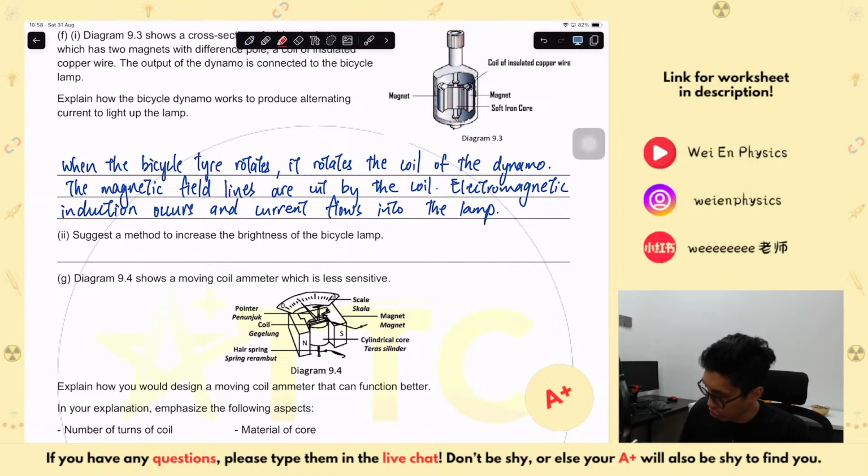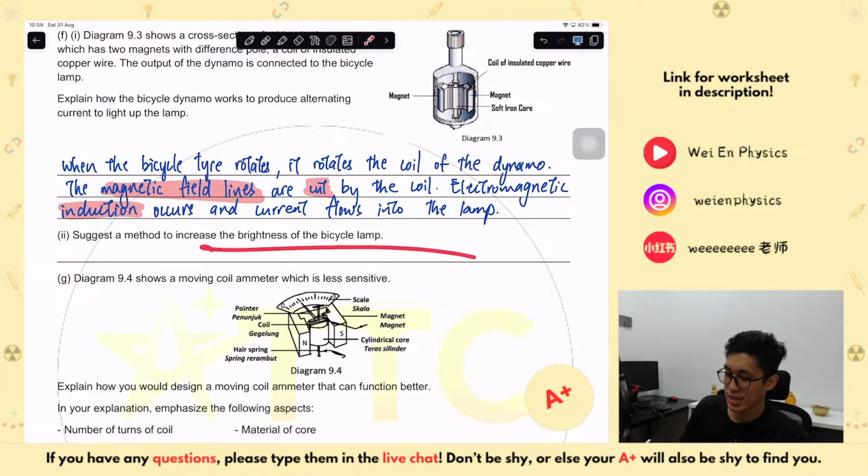You must include cut. Cut what? Cut magnetic field lines. Okay? And then you must have the word induction. If you don't write electromagnetic induction, you must say EMF is induced, or you must say induced current. Either you have this word or you have induced. Must have, it's a keyword.